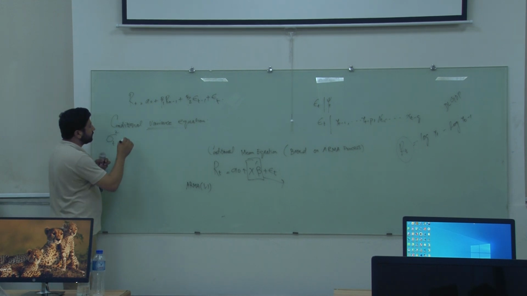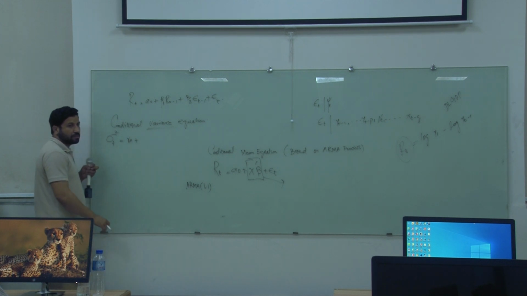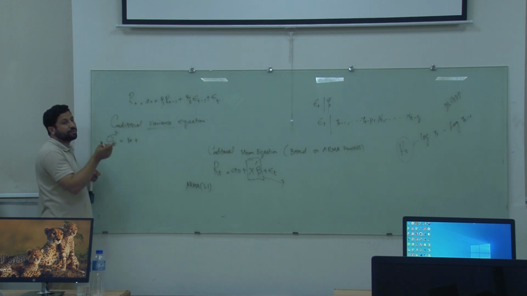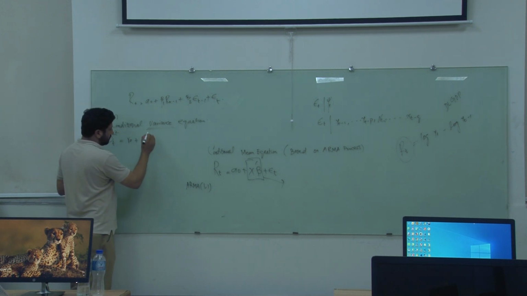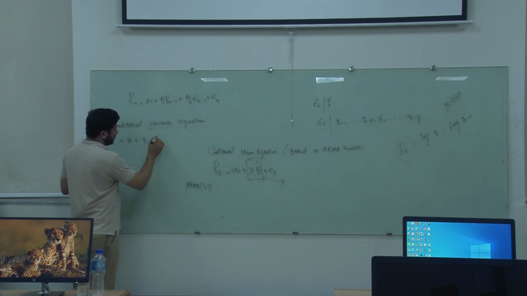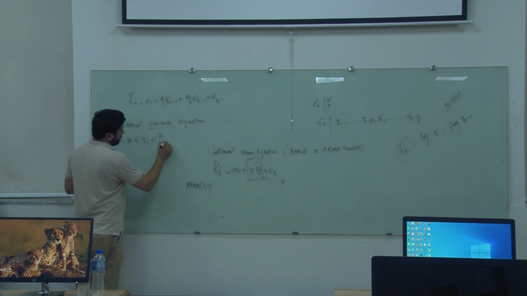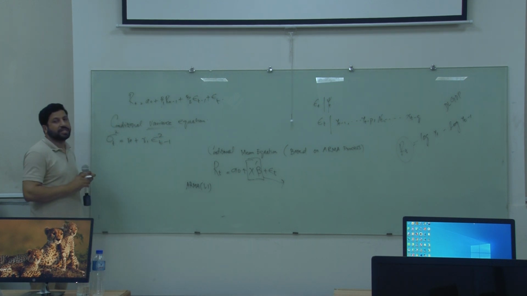And the next one is gamma naught plus the variance of the ARCH process depends upon the squared lag value of the error term of the first equation, which is known as the ARCH term. So this is the ARCH model.